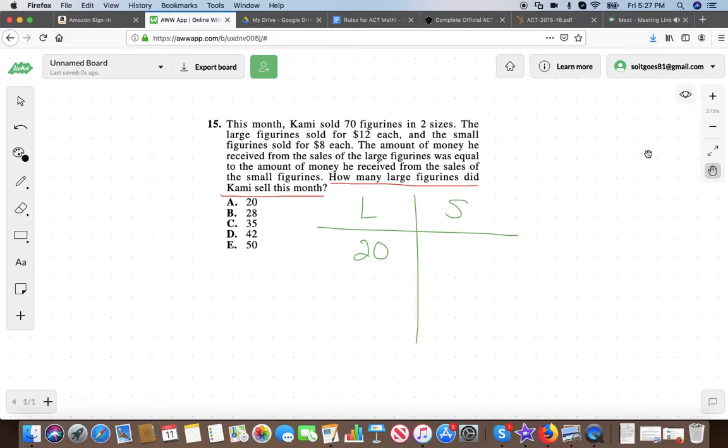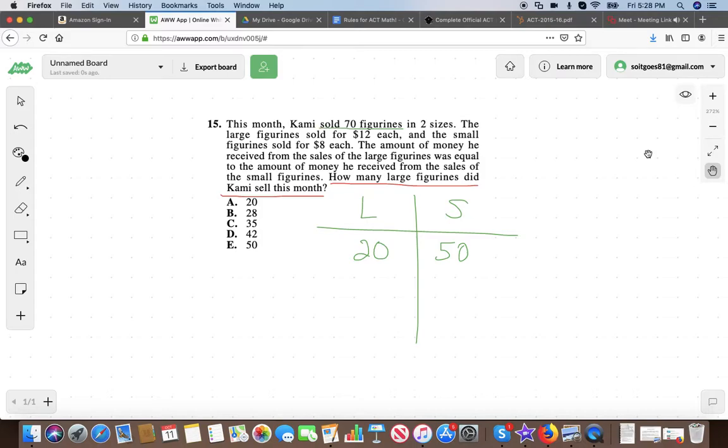Then he would have had to sell 50 of the small figurines. We know that because in the question they said he sold 70 figurines total in two different sizes.